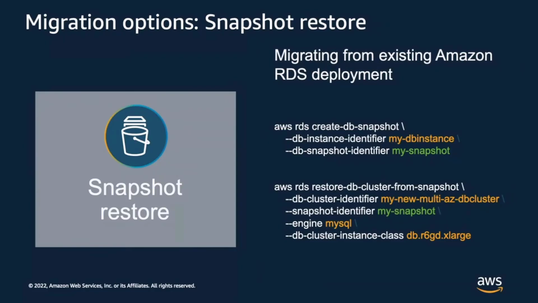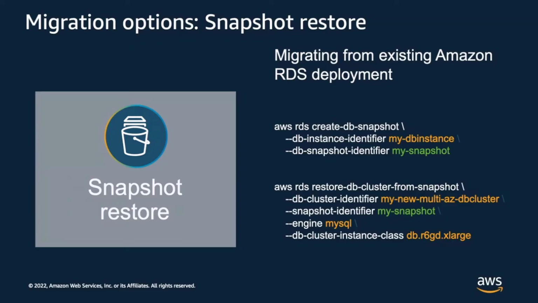Now, how do you get your existing databases into the multi-AZ clusters? You can create a net new multi-AZ cluster, but if you want to migrate existing data, there are 2 key approaches. The first is to do a snapshot restore.